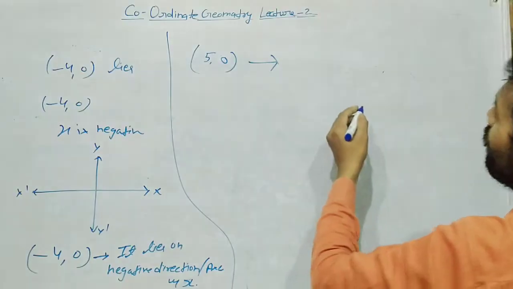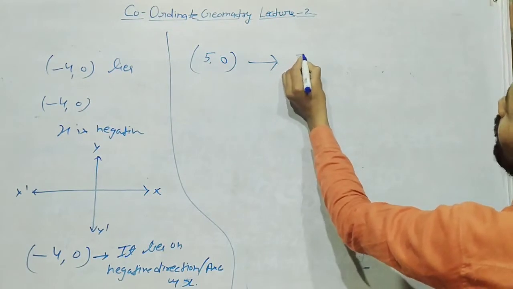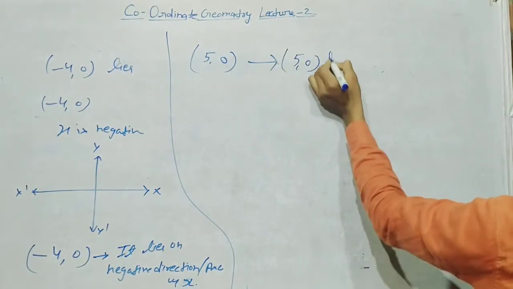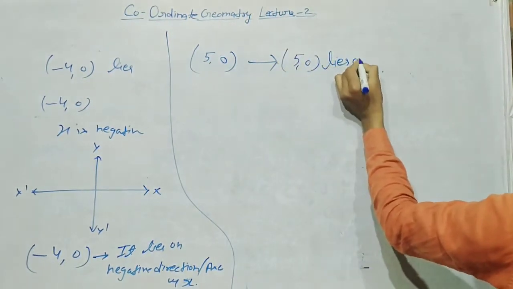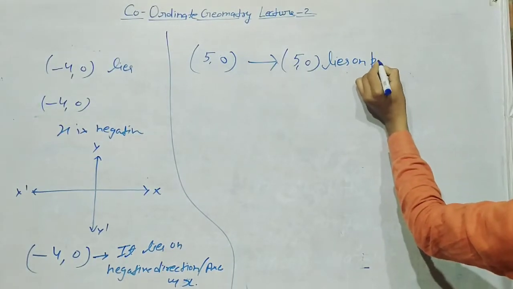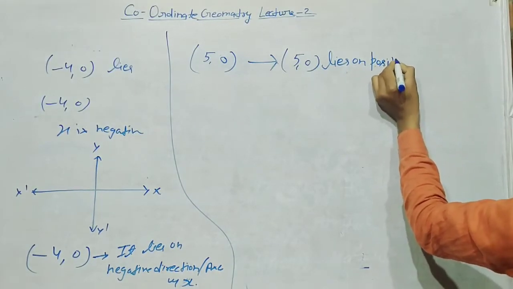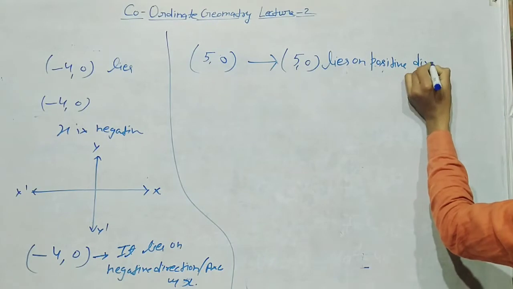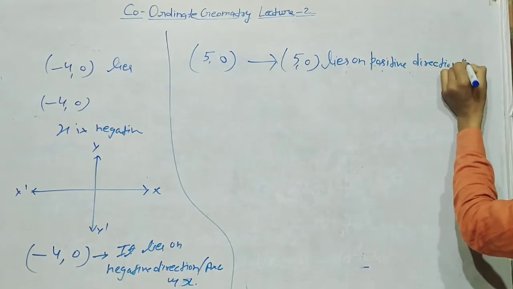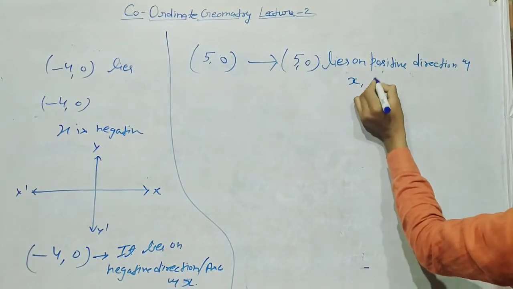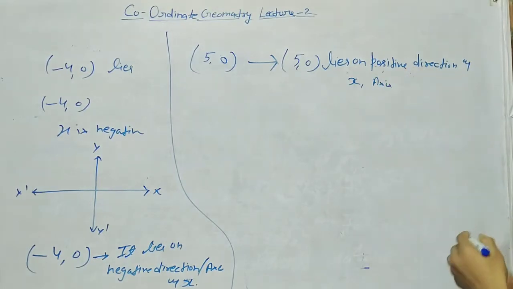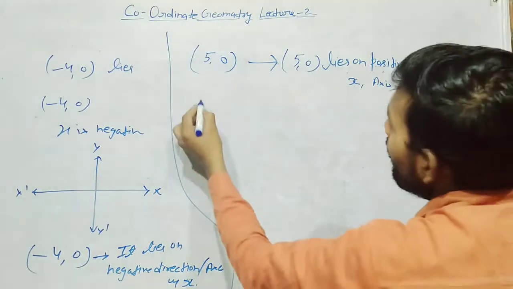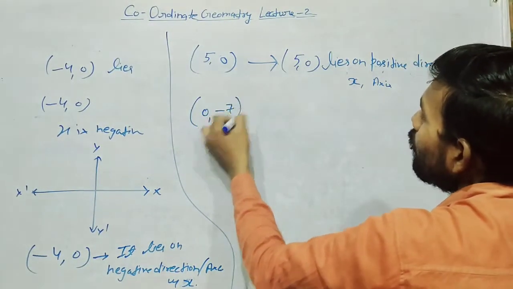So 5, 0 lies on the positive direction of the x-axis. Easy. And the next ones are 0, 7 and 0, -7.